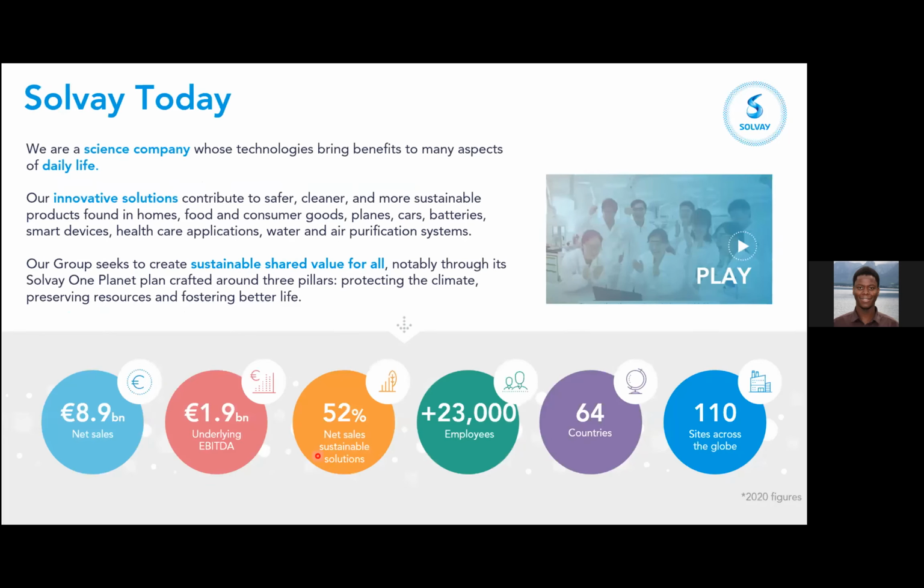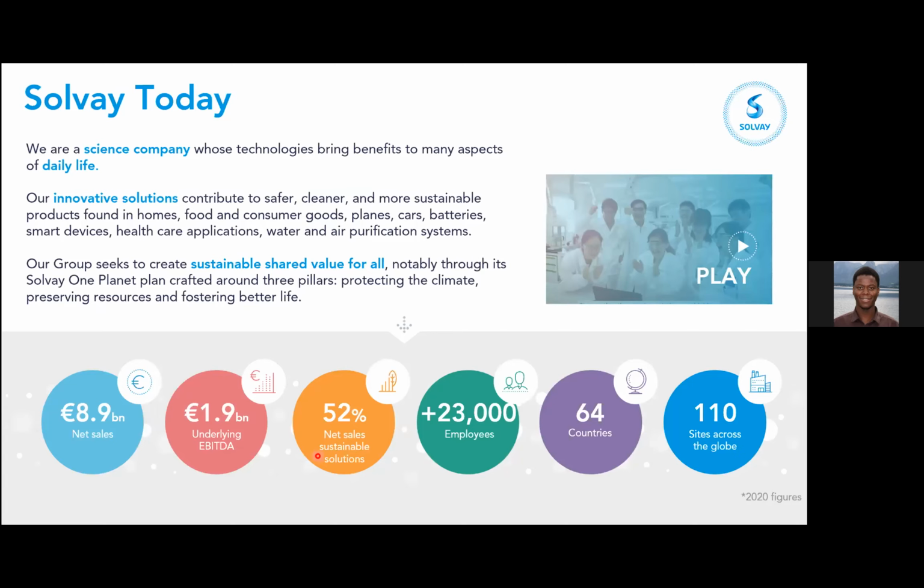So just to give you a brief introduction, for some who already know, Solvay is a science company whose technologies bring benefits to many aspects of daily life. And our innovative solutions contribute to a very wide spectrum of application fields, which are highlighted here.